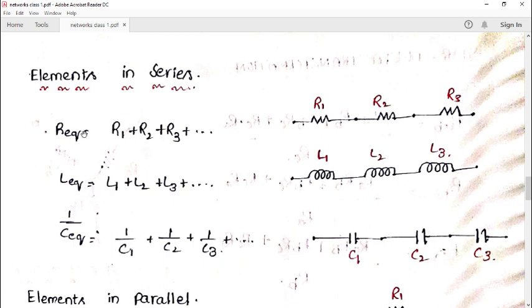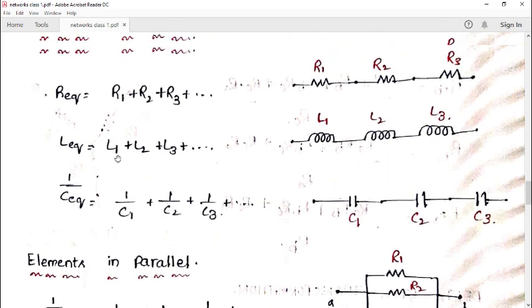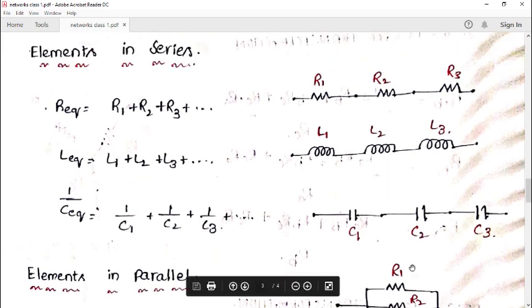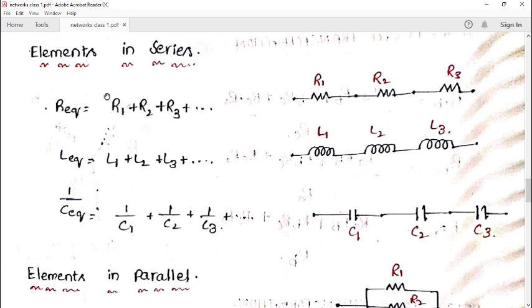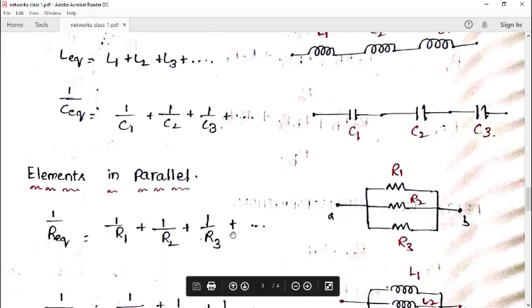Inductance is also similar to resistance, but when capacitors are connected in series, the equivalent capacitance will be changed. So the equivalent capacitance equation can be written as 1 by C equivalent is equal to 1 by C1 plus 1 by C2 plus 1 by C3.